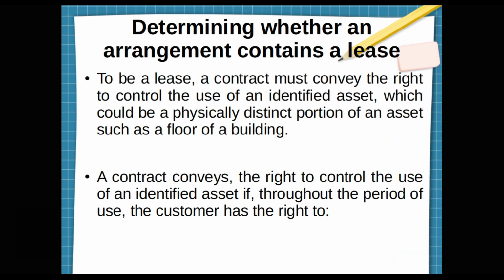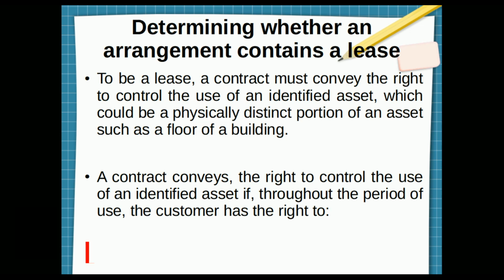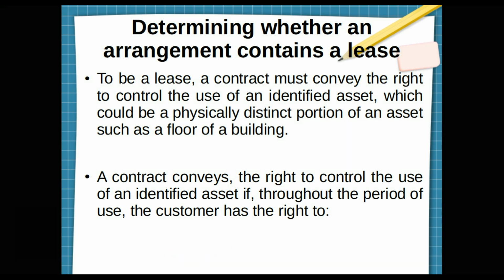A contract conveys the right of control of an identified asset for a period of use if the customer has rights to substantially all the economic benefits from the use of the asset. Then still, if the customer has the right to direct the use of the asset, then the contract contains a lease.